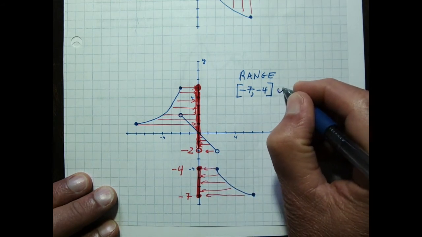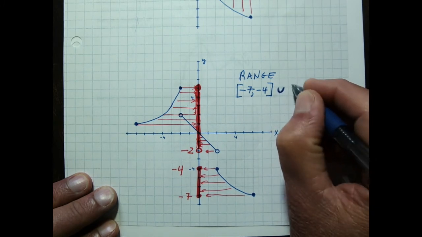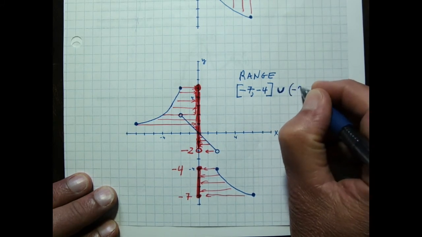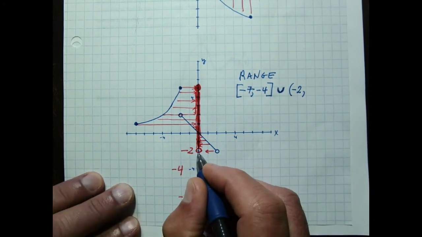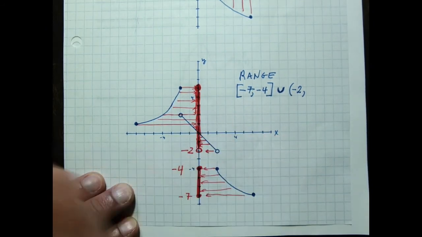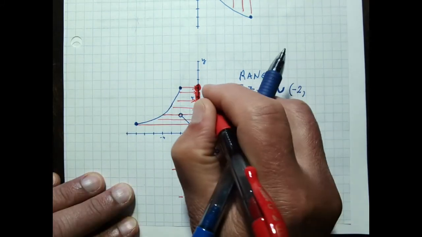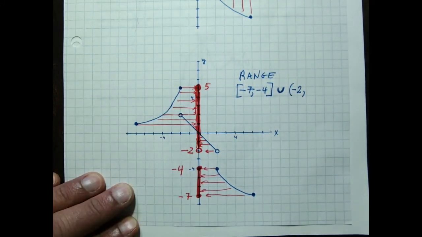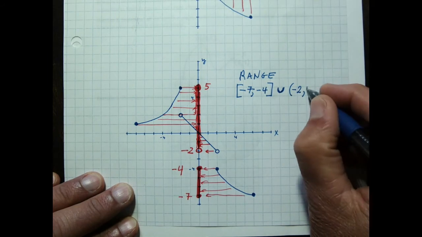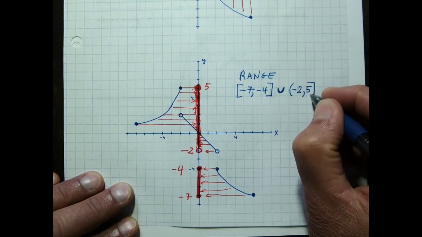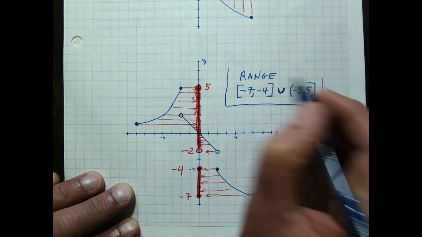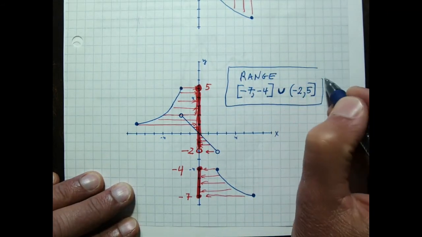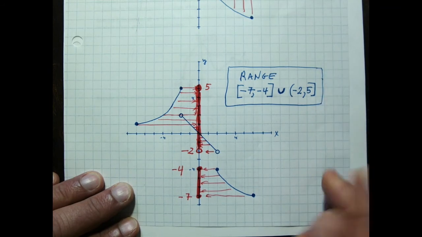So we're going to write the union symbol, and I'm going to put -2 in parentheses because the -2 is not included. But every number after that is all the way up to, I guess I didn't mark, all the way up to 5, right? And 5 is included. So that range is a union of 2 interval pieces.